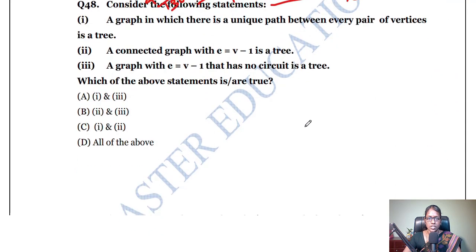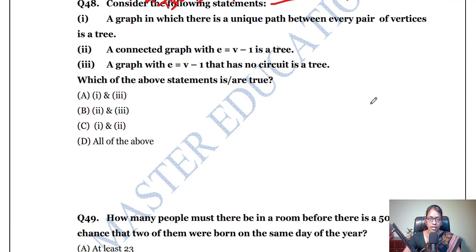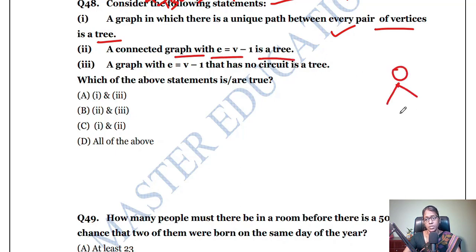The next question is: consider the following statements. A graph in which there is a unique path between every pair of vertices is a tree. There is a unique path between every pair of vertices in a tree, correct. A connected graph with edges equal to vertices minus 1. For example, with 3 vertices the edges should be 2 in a tree.